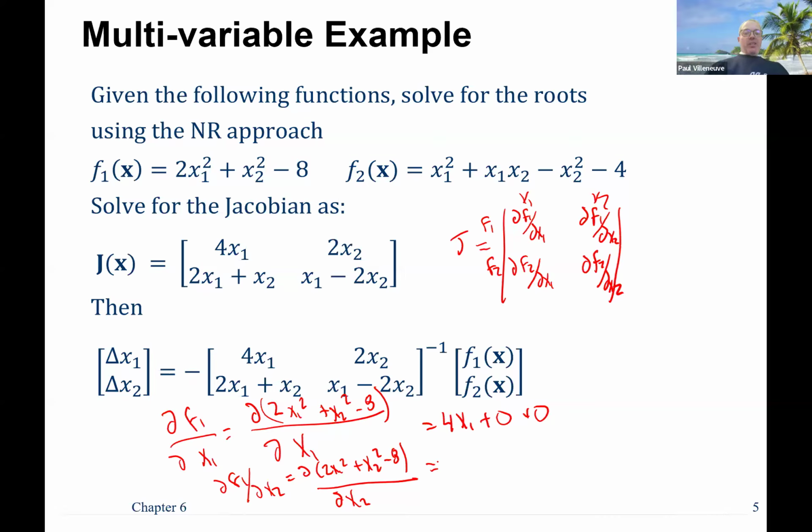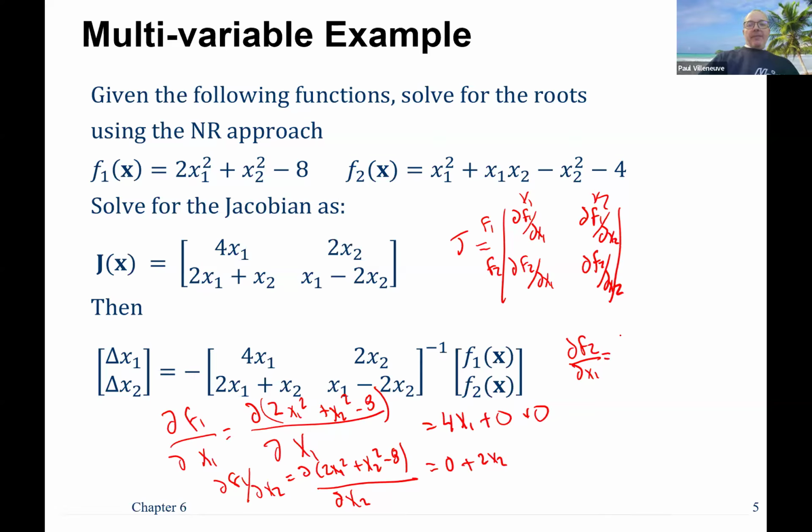So again, if you change x2 all day long, it has no impact on 2x1 squared. So that is 0. x2 squared, that is sensitive to changes in x2. So that becomes 2x2. And again, minus 8 is constant, doesn't matter. It stays the same.